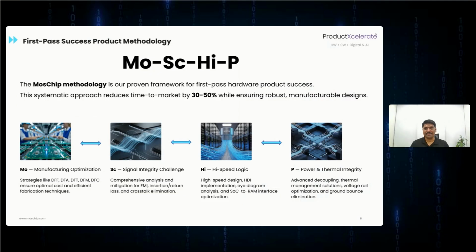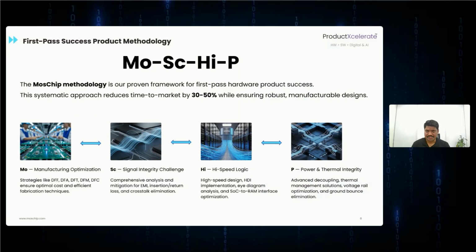Today, I am excited to share that this is the first time ever we are revealing MosChip's consistent and proven design methodology to the global audience. We have concentrated this into a framework we call MosChip. Think of it as four guardrails that run together from the initial architecture, schematic, PCB design, mechanical design, and onto the final product realization.